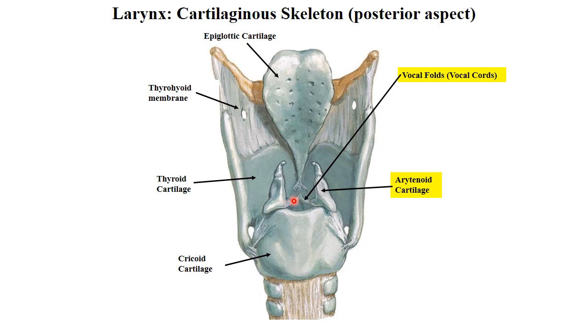Again, we're going to put some mucosa on top and some muscles, and that's what will make the vocal folds. I'm not really concerned that you make the distinction right now. I just want you to appreciate the famous vocal cords. These are the vocal ligaments of the vocal cords strung between the arytenoid cartilage and the thyroid cartilage. That's a paired structure as well. We've got a left vocal cord and a right vocal cord.